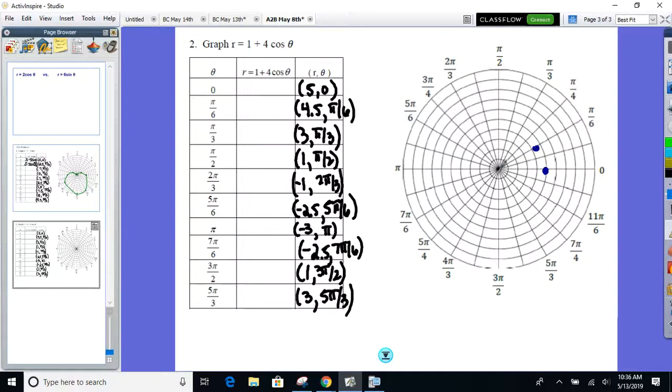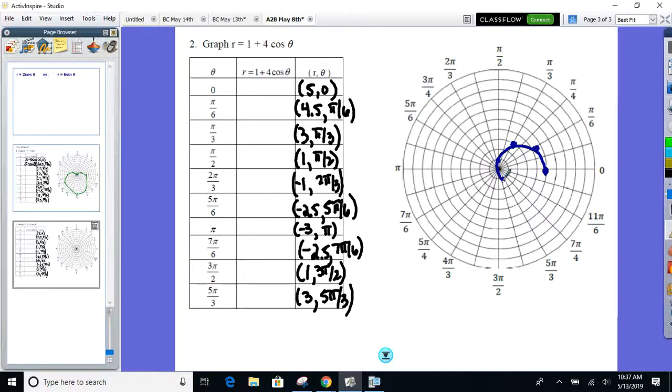3, pi over 3. 1, pi over 2. Ooh, -1. Now we got to go other direction. Look at that. Look at us. So that's 2 away. So I got to go 2 away this way. -1.